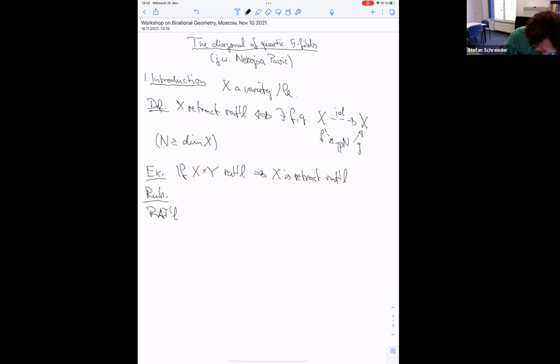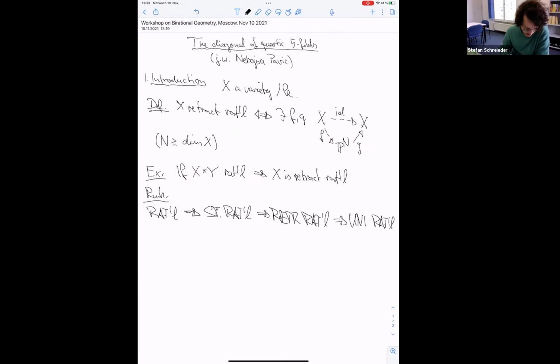So rationality implies stable rationality implies retract rationality. And this implies unirationality, simply because this map here has to be dominant. So there is a dominant map from Pn. And right, so here the opposite is not true, and this is also not true.